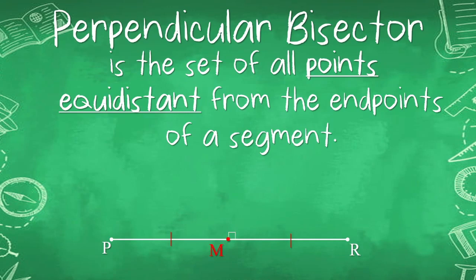Following, a line passes through point M and creates a 90-degree angle. Let's say, for example, we have point A from the perpendicular bisector.